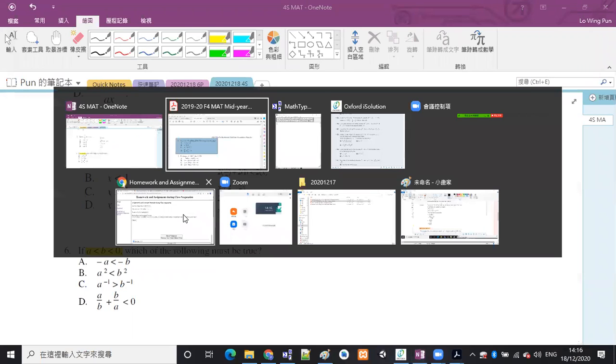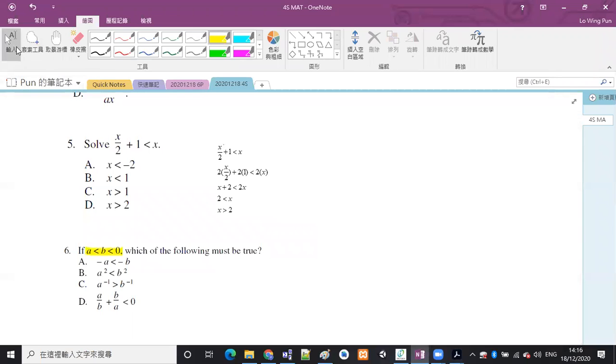Less than 0 means that A and B are both negative. Both of them are negative because A is less than B and B is less than 0. Both of them are less than 0. And then, which of the following must be true?